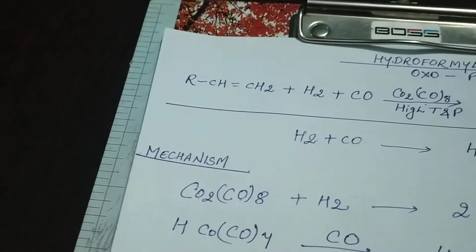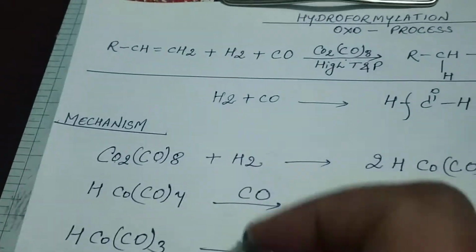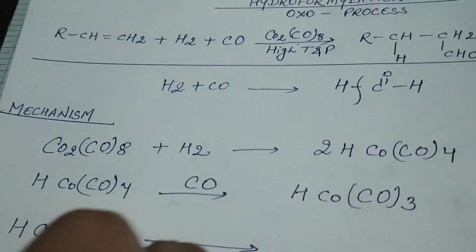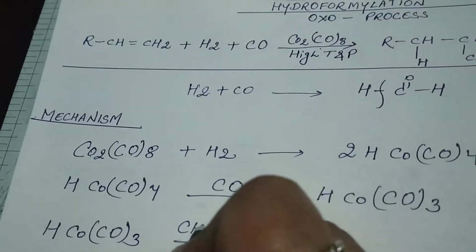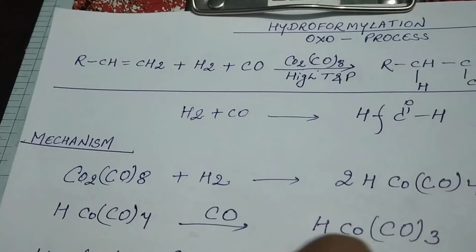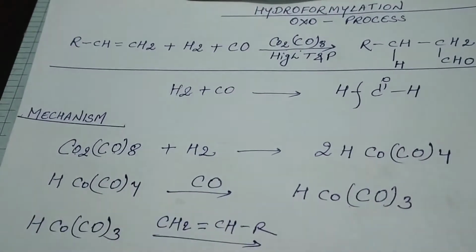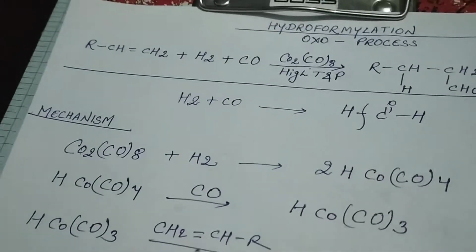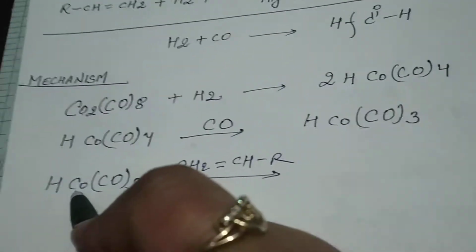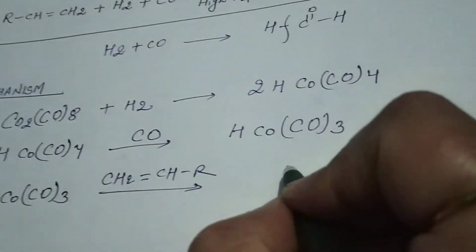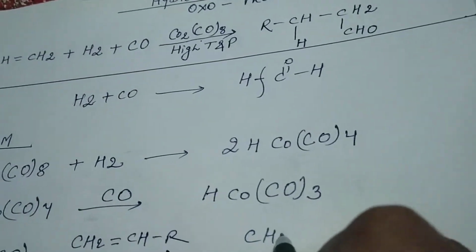And it reacts with the alkene molecule, like CH2=CH-R. The alkene molecule is coordinated to the cobalt species through pi bonding like this.